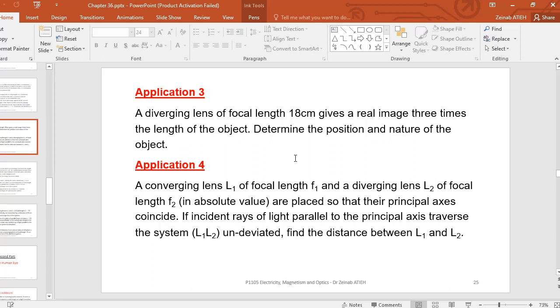If the incident rays of light parallel to the principal axes traverse the system L1, L2 undeviated, find the distance between L1 and L2. So the question is saying that light is coming to this system of lenses. I have two lenses, one converging and one diverging. Light will come parallel to the principal axis, pass through them, and emerge parallel to the principal axis. What should the distance between the lenses be for this to happen? Okay.